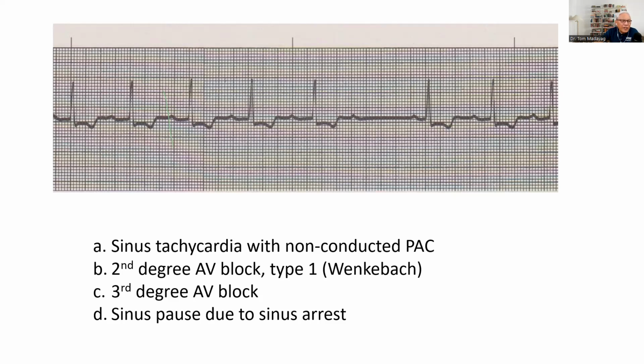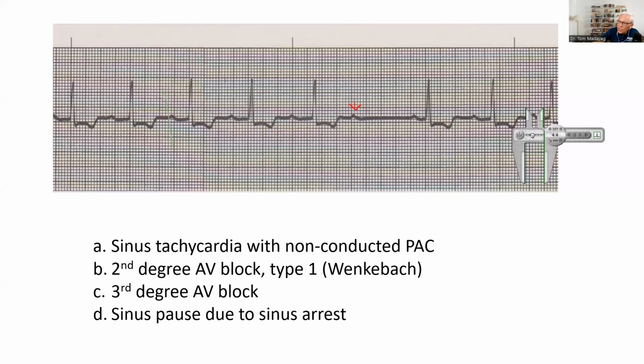Okay, thank you. Let's go ahead and see what the correct response is. So we all agree that there is a P wave without a QRS complex, and that is this one. So we know that this is going to be a block.